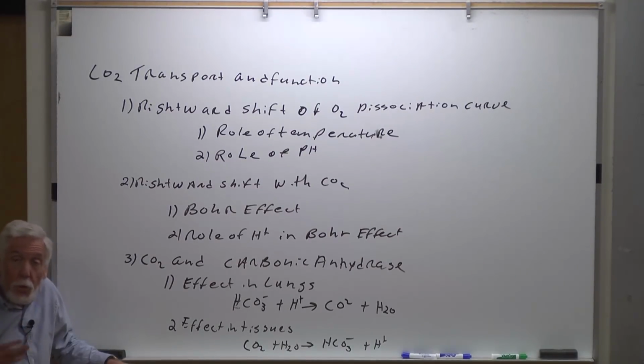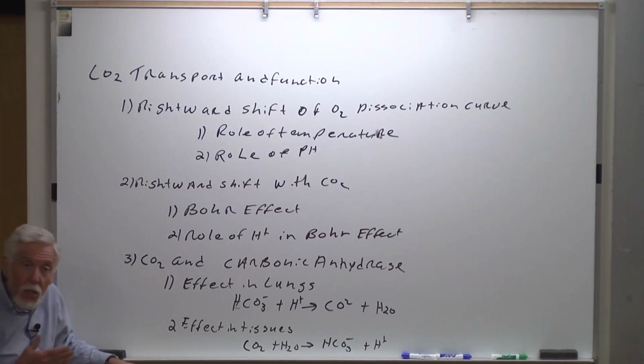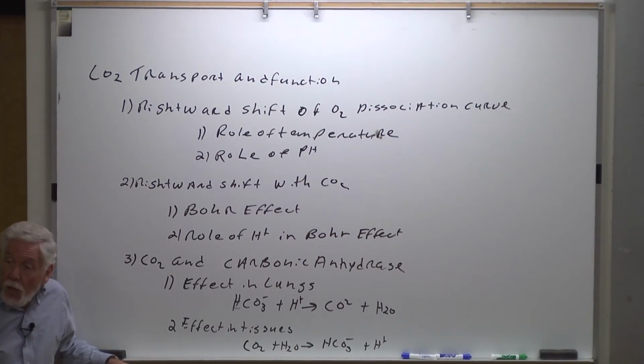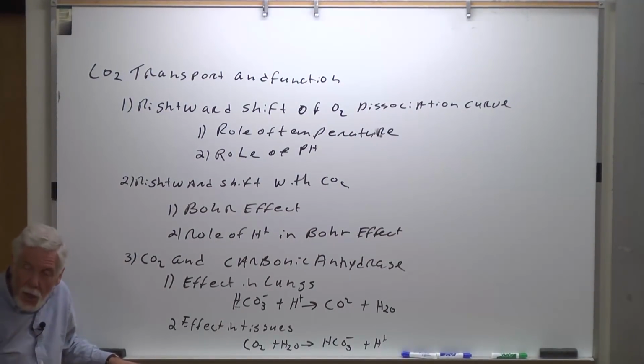If we cooled the temperature down and had less vibrational energy, then the oxygen would bind more tightly to the iron. So we had a temperature effect, where increased temperature reduced the affinity of the iron for the oxygen, and decreased temperature increased the affinity of the iron for the oxygen.